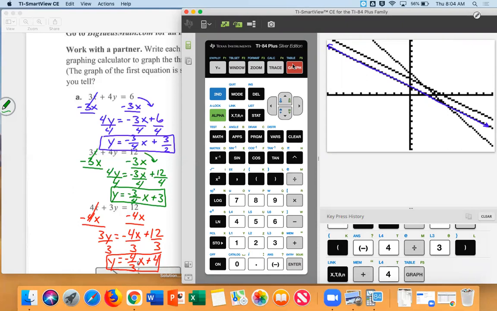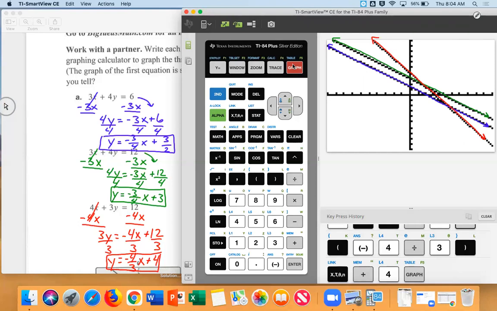The second line that appeared was the green line. And the last one that appeared was my red line.